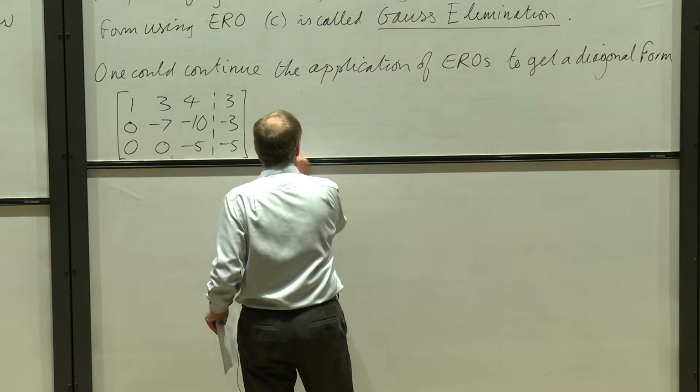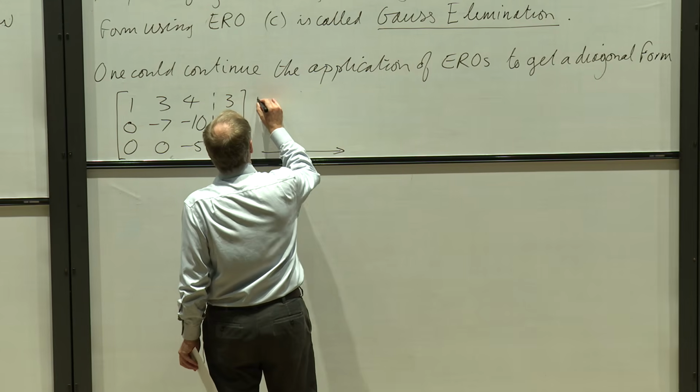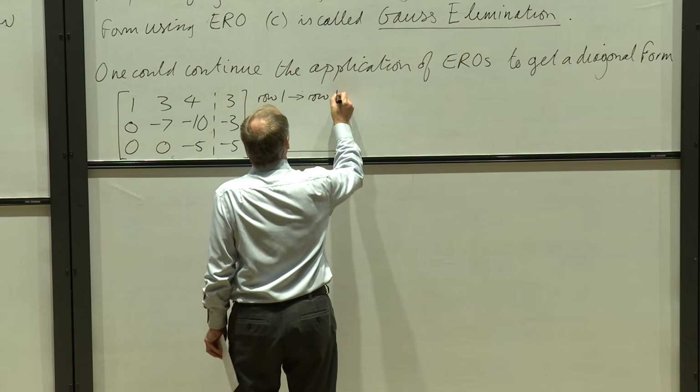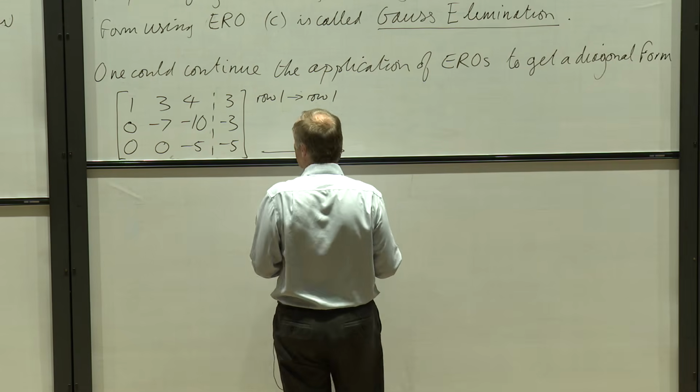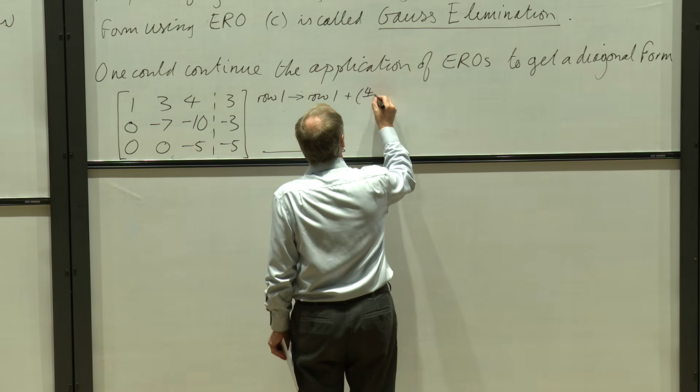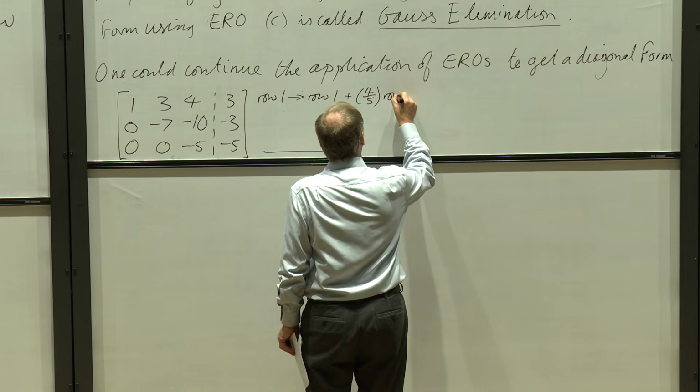I can do the following. I can say row 1 becomes row 1 plus 4/5 of row 3.